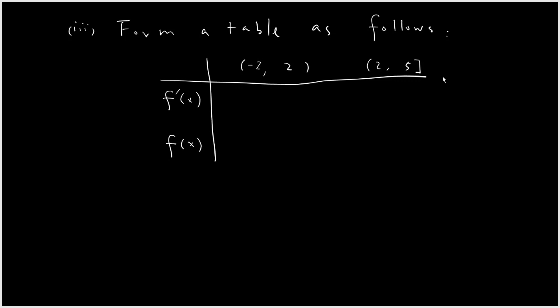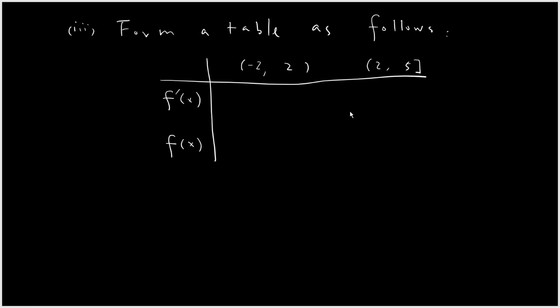So temporarily, you just remember the form of the table. Very shortly, I will tell you how to get the content of the table and how to use the content of the table to determine if 2 is indeed a location of local maximum or absolute maximum or minimum and so on.